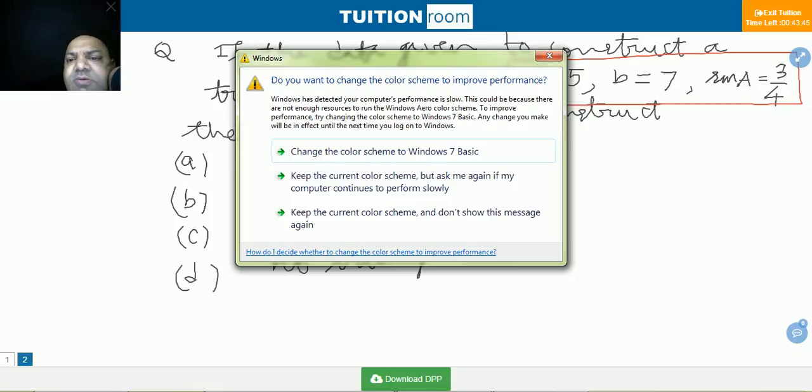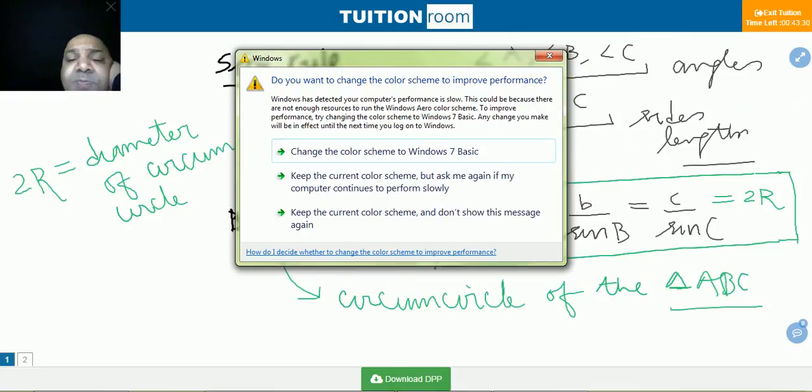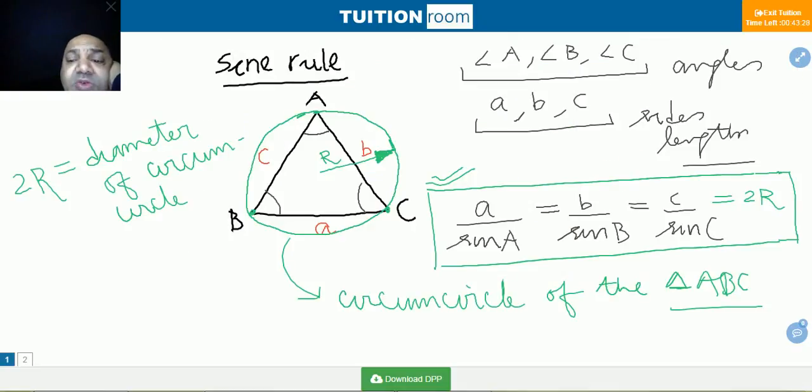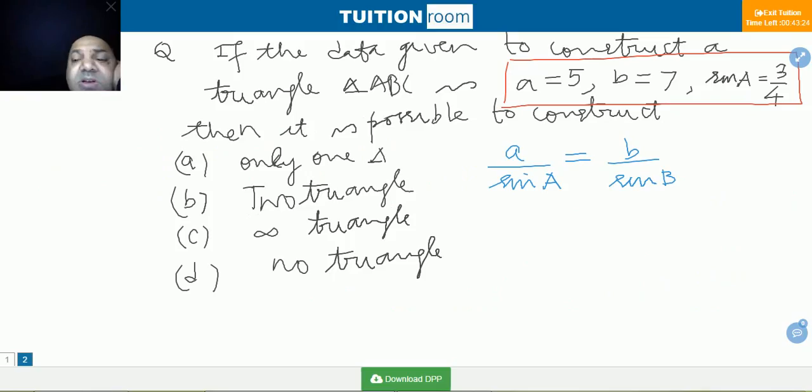I will apply the sine rule. a upon sine A is equal to b upon sine B. This is a part of the sine rule; the complete sine rule is a by sine A equal to b by sine B equal to c by sine C equal to 2R. We always use a part of the sine rule.